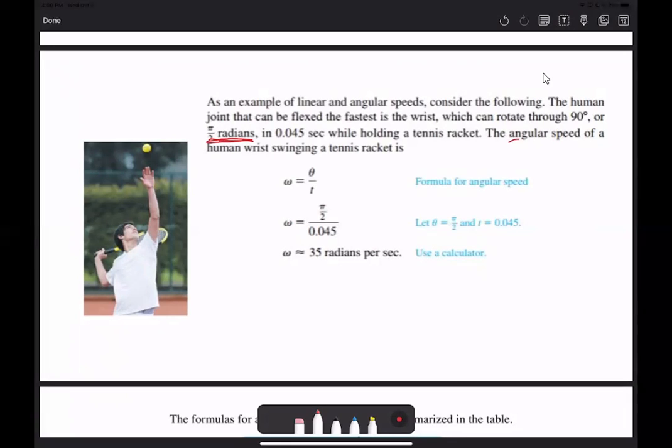The angular speed of the human wrist swinging a tennis racket is this formula. So we can substitute in our angle, pi over 2, over time, and that gives us an angular speed of 35 radians per second.